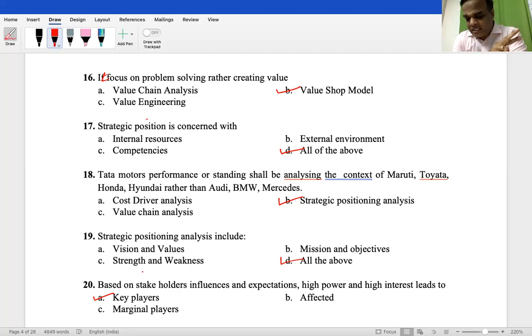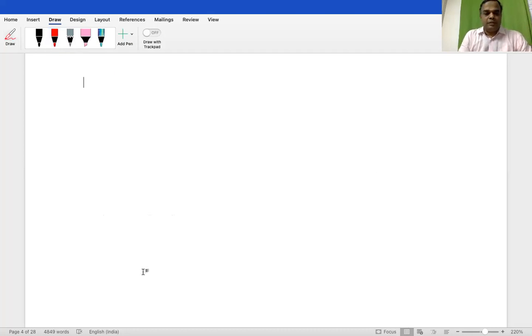High power, high interest: key players. Low power, low interest: marginal players. High power, low interest: affected. Low power, high interest: influential. So the four elements are key players, marginal players, affected, and influential. Good one.